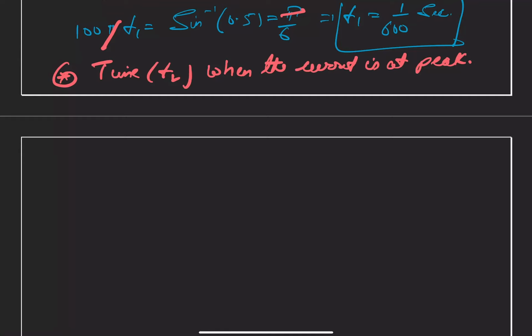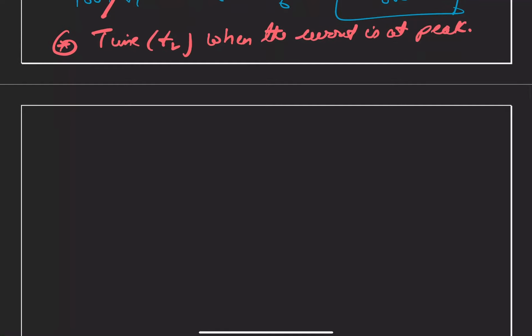From equation 1, for this peak condition, sine of 100 pi t2 should be equal to 1.